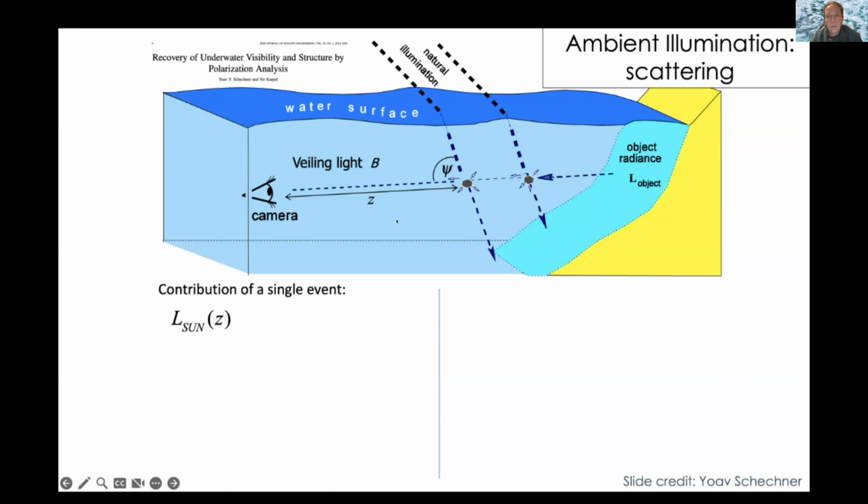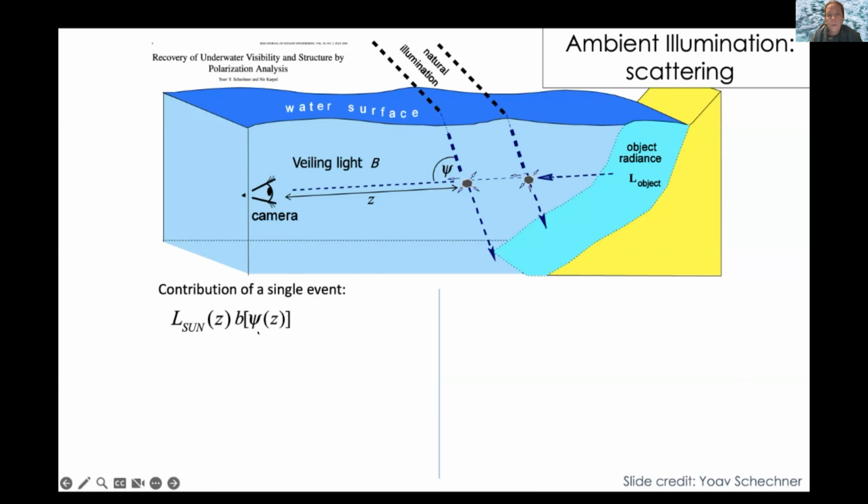So if we look at the contribution of just one particle along the line of sight, we have the radiance, we have how much light is coming onto it, and then how much is scattered into this specific direction. So the light is scattered in all directions, but how much is scattered into a specific angle, this is characterized by what's called the scattering function.